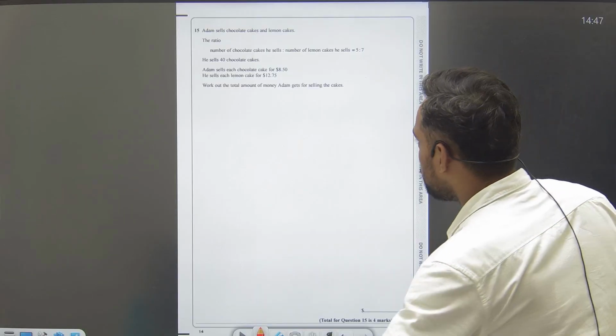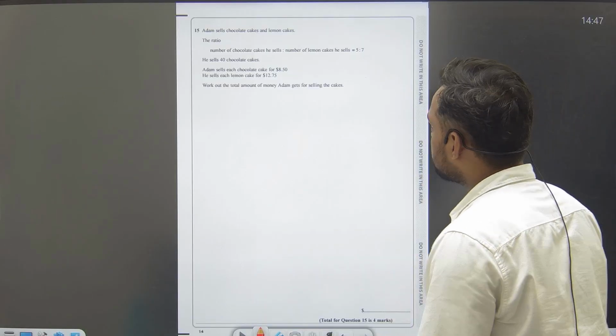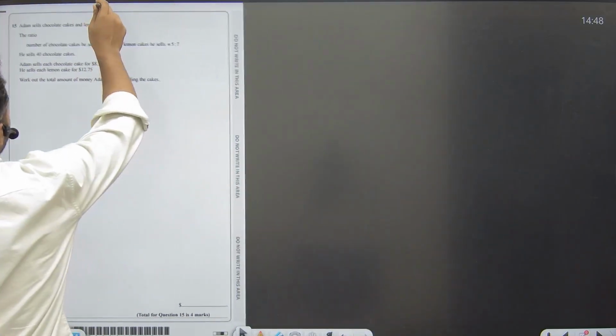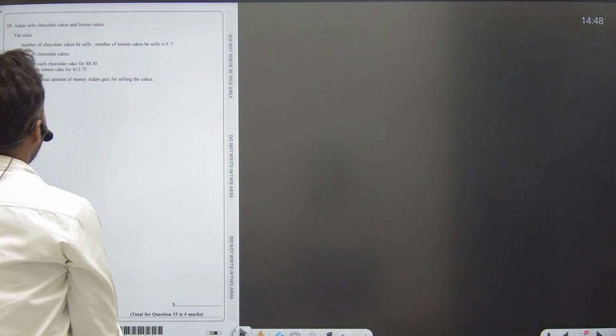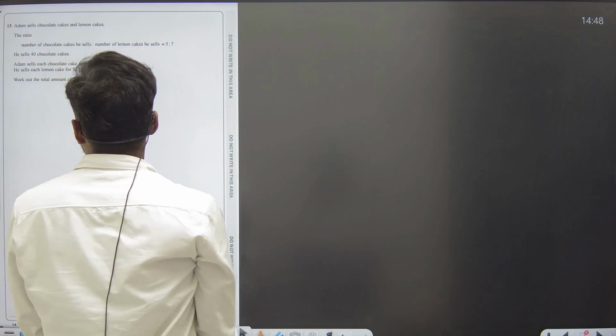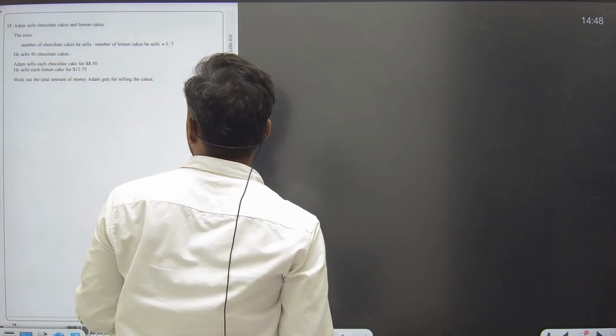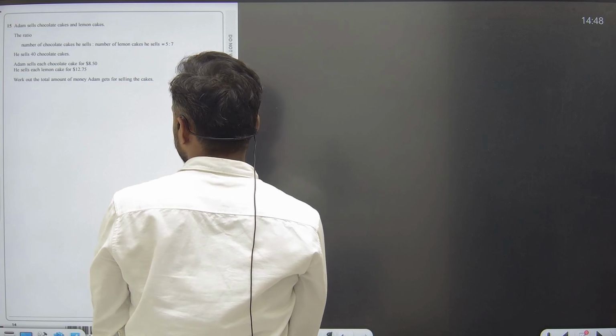Now the next question is, Adam sells chocolate cakes and lemon cakes. The ratio of the number of chocolate cakes he sells to the number of lemon cakes he sells is 5:7.